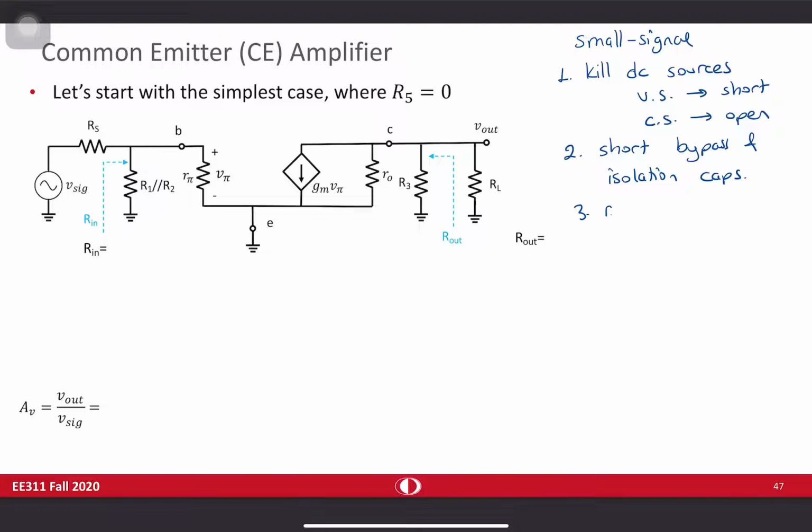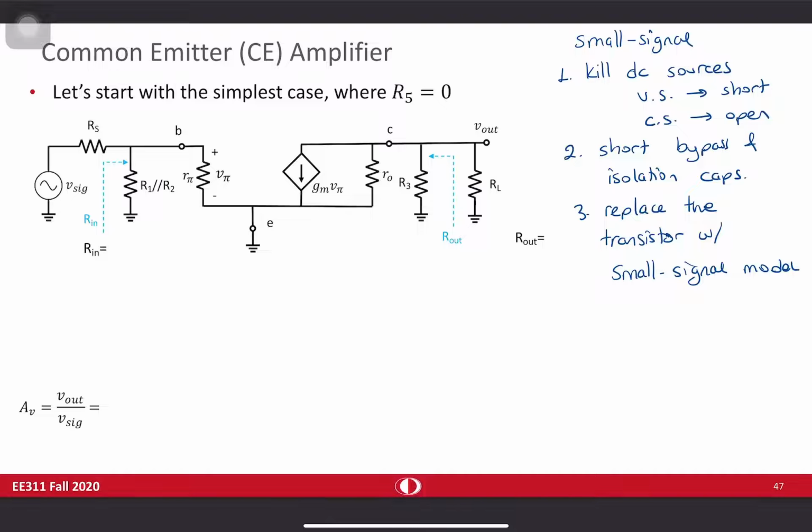And third, replace the transistor with the small signal model. We did that here, so as you see, between base, collector, and emitter, we replace the transistor model. We get rid of C1, C2, C3, and all the DC sources are killed as well. And we end up with this circuit.